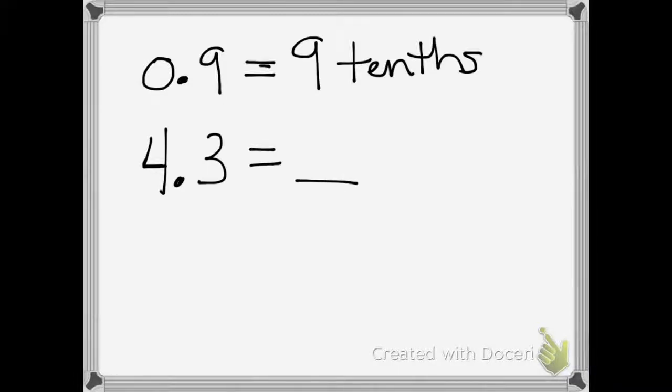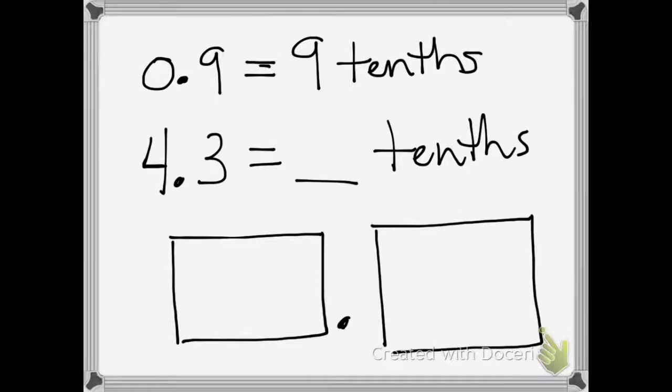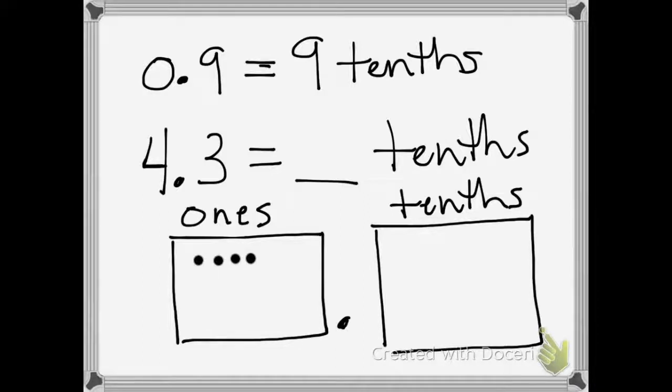How many tenths is that? Well, let's go back to that idea of a place value chart. Put in my place value chart here. So I'm going to put in my ones and my tenths. So here I have 1, 2, 3, 4 ones, and I have 1, 2, 3 tenths.